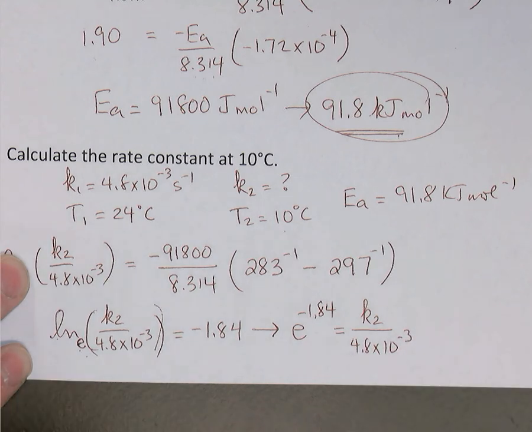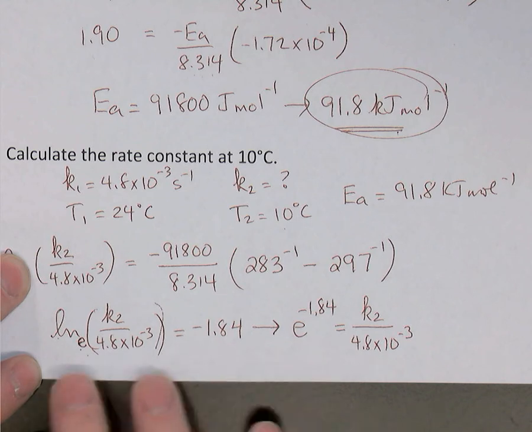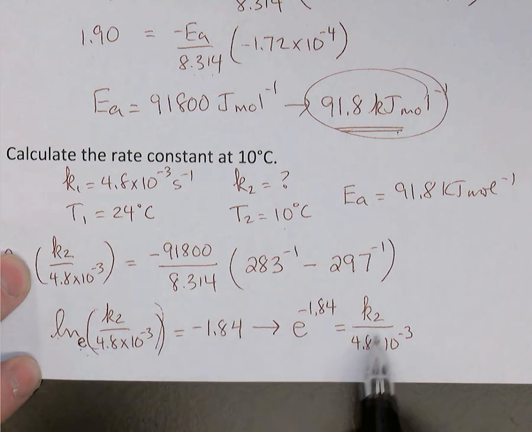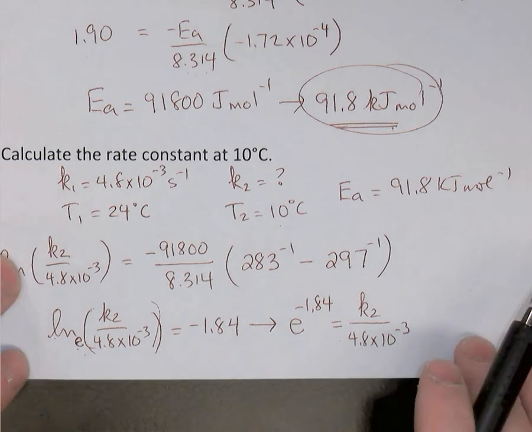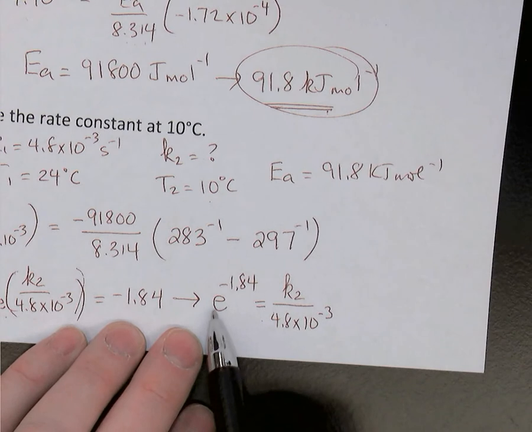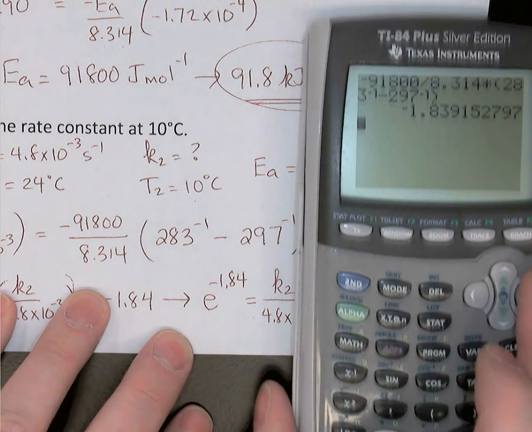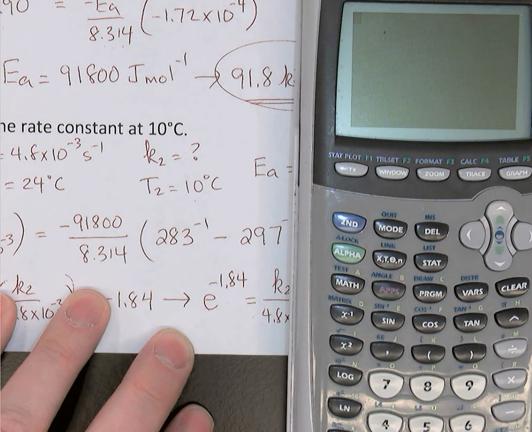If you're not that familiar using logarithms, that's probably confusing to you, but that's how logarithms work. We have a logarithmic form of the equation, and this is the equivalent exponential form of the equation. So now the thing on the left there, e to the negative 1.84, we can grab a calculator and evaluate that. Right above the natural logarithm button on the calculator, it says e to the power of x.